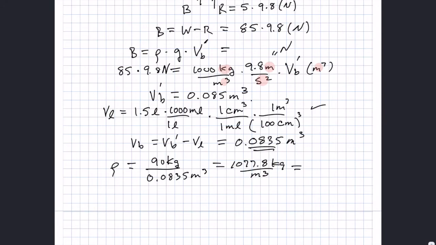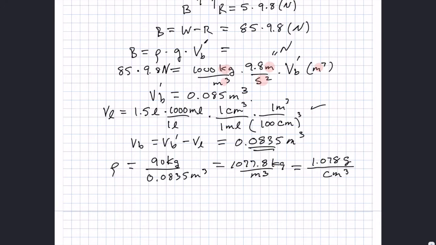And you can do that conversion. It asks for this number in grams per cubic centimeter. So I can convert both those units to be 1.078. Okay, just carried one less significant digit. Grams per cubic centimeter.